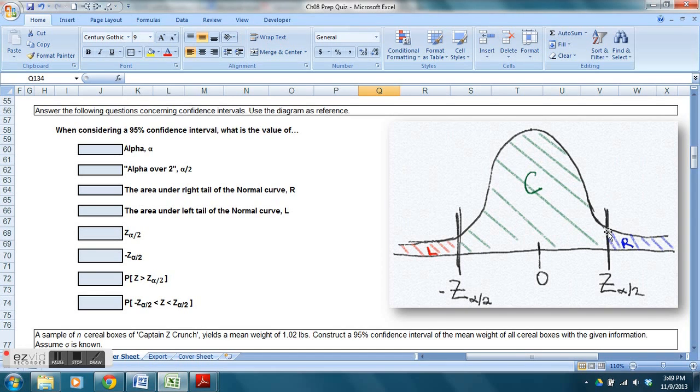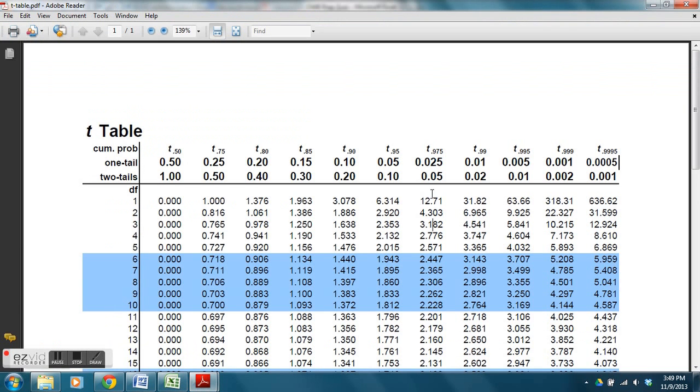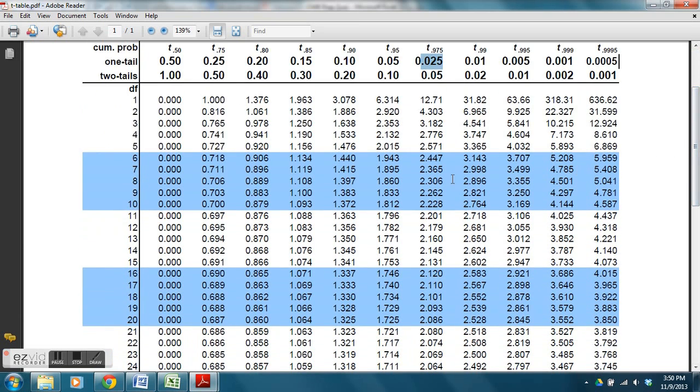So all the area to the left of that is your 0.975. That's how they're looking at that top column. Anyways, area in one of the tails is 0.025. Degrees of freedom is 19. So we look at that value right here, and our T value is 2.093.